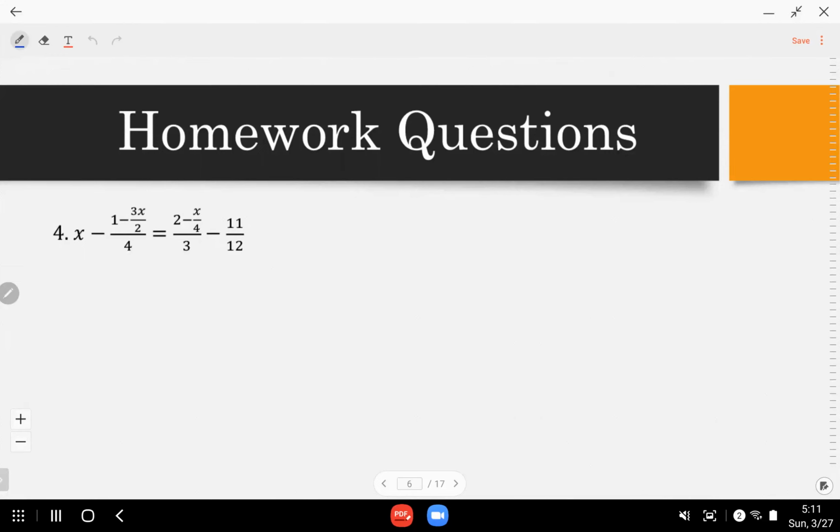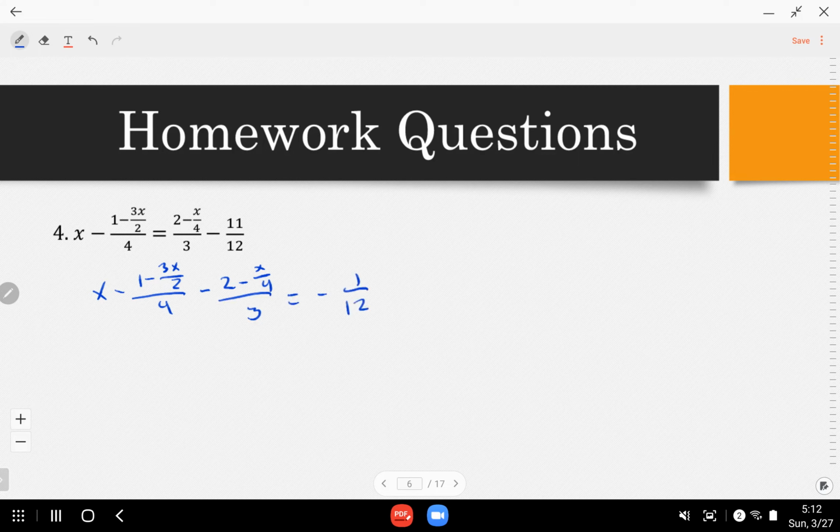The first step is to do x minus (1 minus 3x over 2) over 4 minus (2 minus x over 4) over 3 equals negative 11/12. Okay, so we could do it that way. What he meant is just moving it.